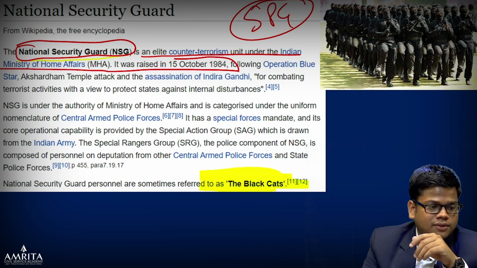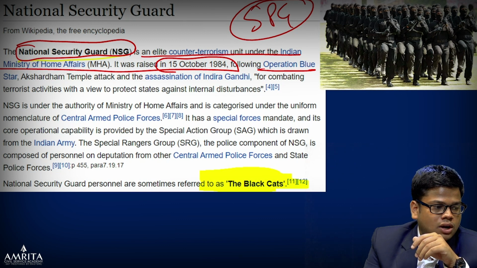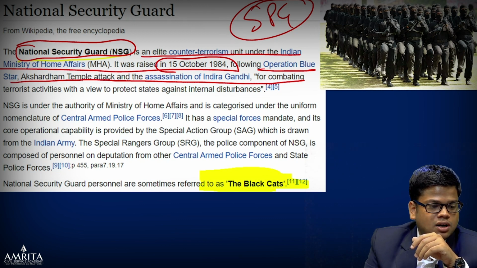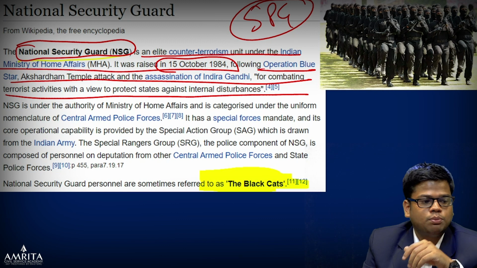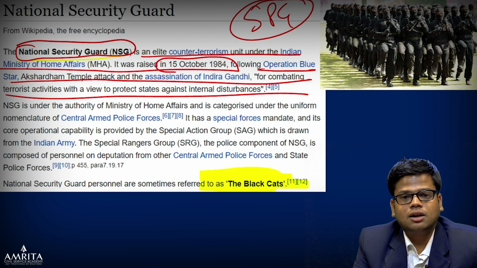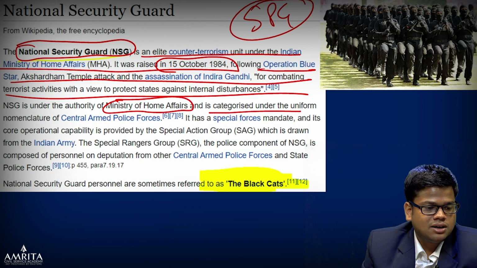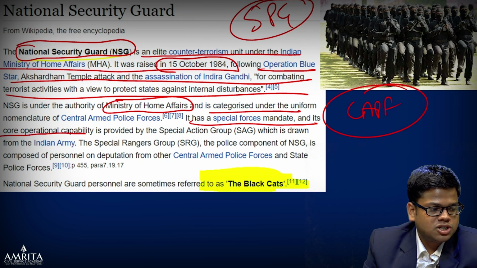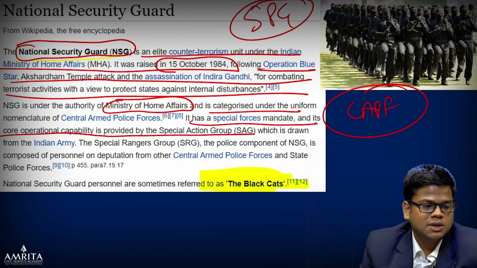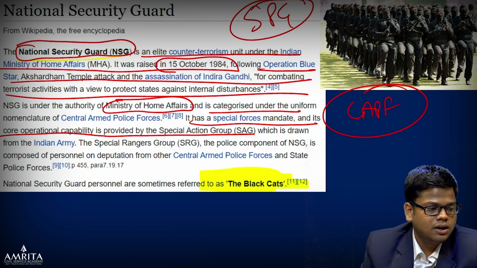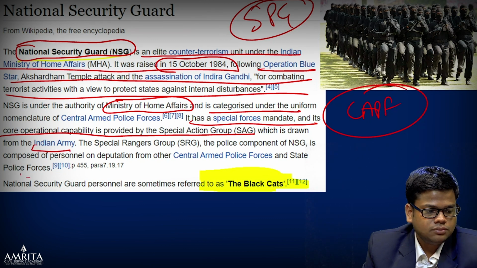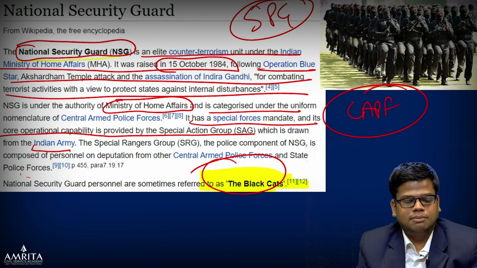It was raised in 1984 following Operation Blue Star, the Akshardham temple attack, and the assassination of Indira Gandhi, for combating terrorist activity with a view to protect states against internal disturbances. NSG is under the Ministry of Home Affairs and categorized under the CAPF, Central Armed Police Forces. It has a special force mandate. Its core operational capabilities are provided by the Special Action Group that is drawn from the Indian Army. They are also known as the black cats.